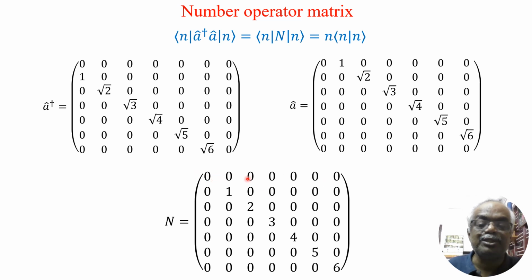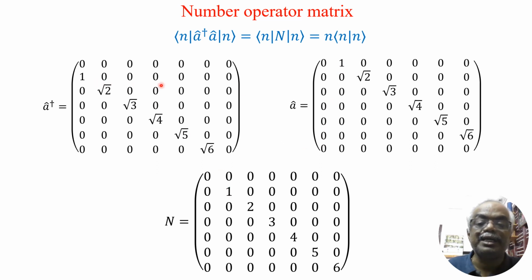So in the first row, all things will become 0, because all the elements in those rows are 0. Here you can see the first element alone is 1, and all others are 0. So if you take this row and all columns, first column 0, second column 1 times 1, which is 1.